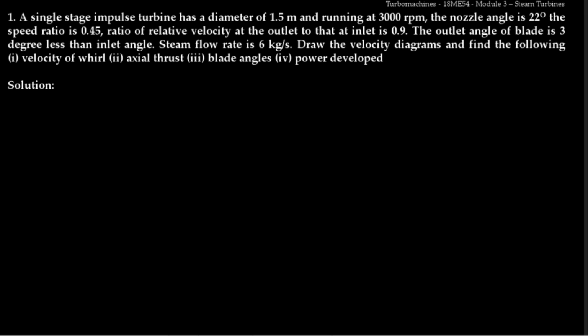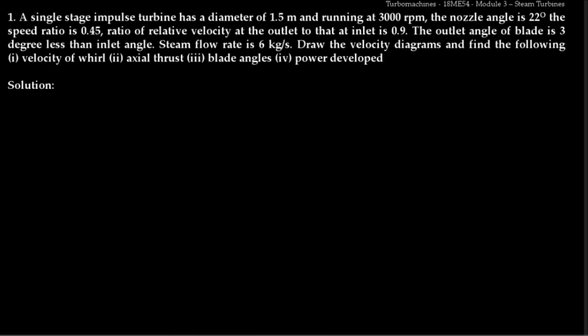The nozzle angle is 22 degree and the speed ratio is 0.45. Then the ratio of relative velocity at the outlet to that at the inlet is given as 0.9, which is nothing but the ratio of VR2 by VR1. So relative velocity at outlet is VR2 and relative velocity at inlet is VR1.